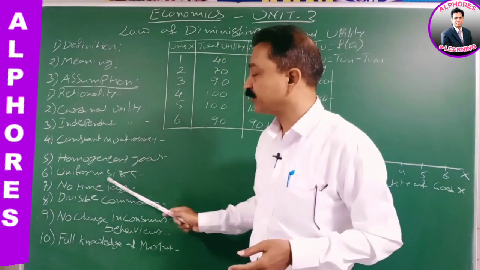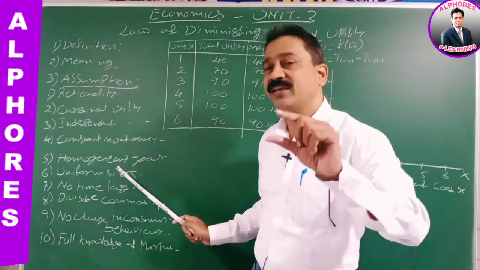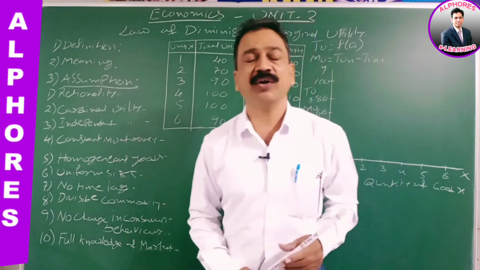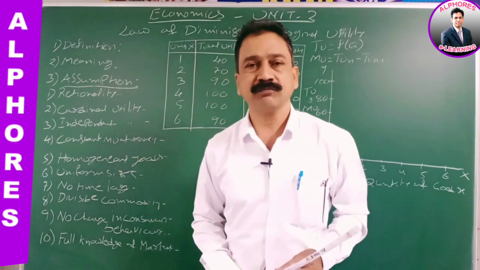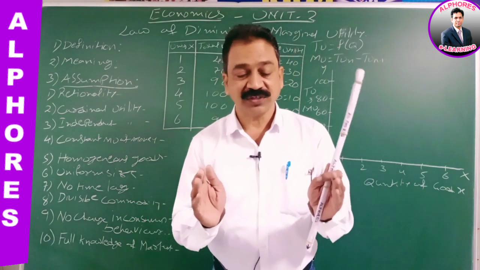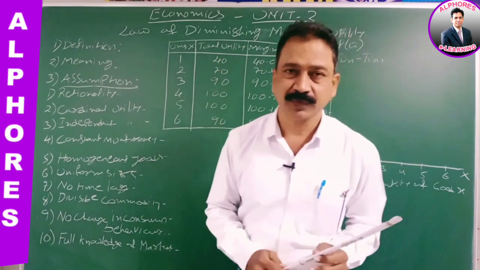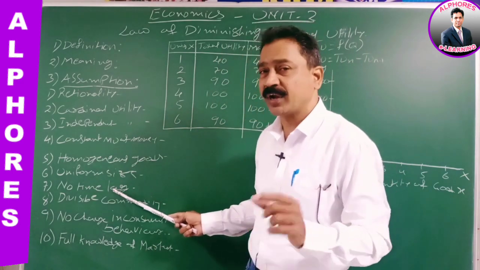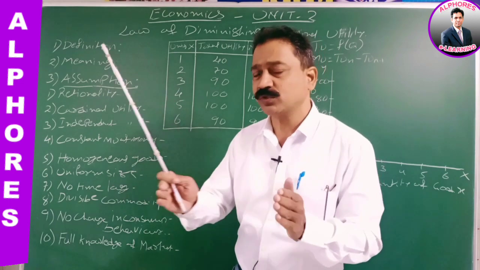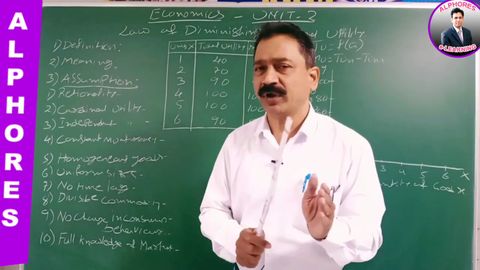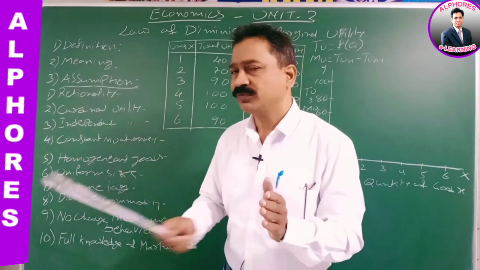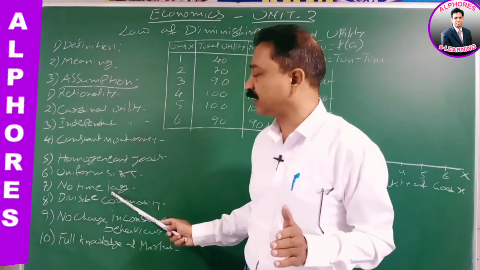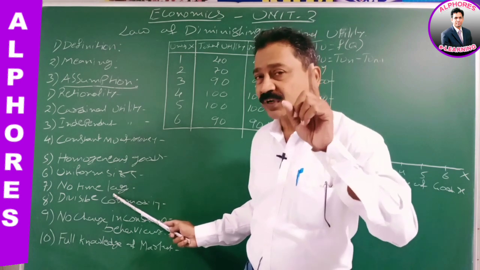That's why we say uniform size, a reasonable size. Next, no time gap or no time lag. If there is a time gap, satisfaction goes on increasing. So there should not be any time gap. At the same period of time, all those commodities go on increasing, one after another. Then only you will get the marginal utility decreasing.